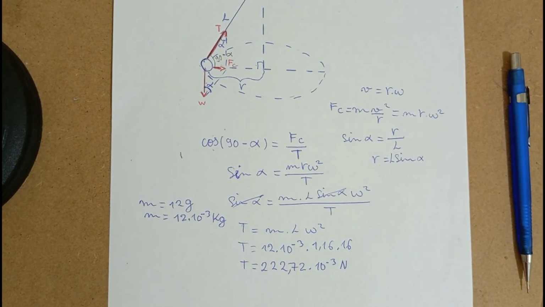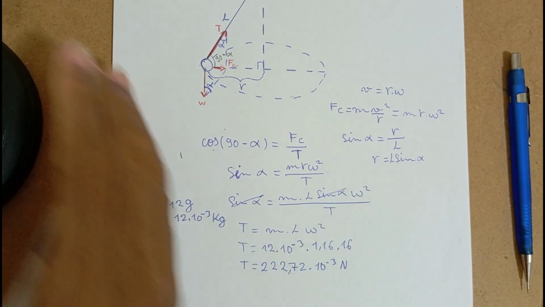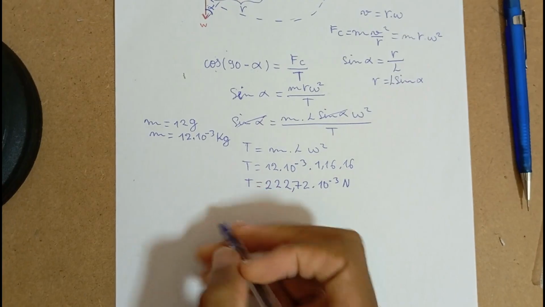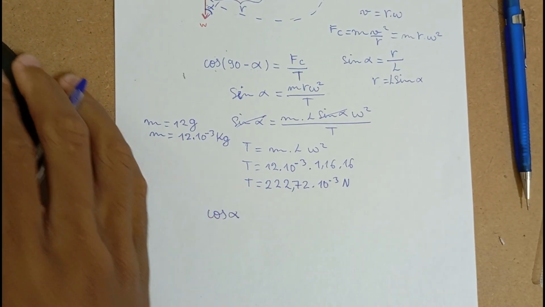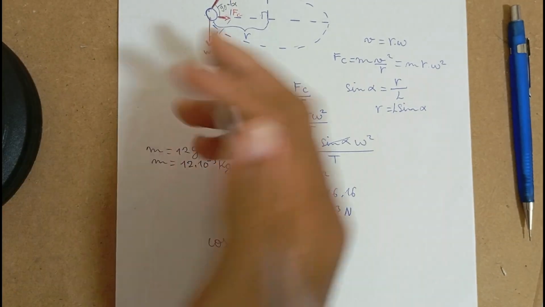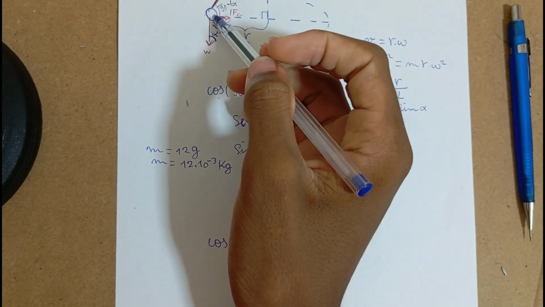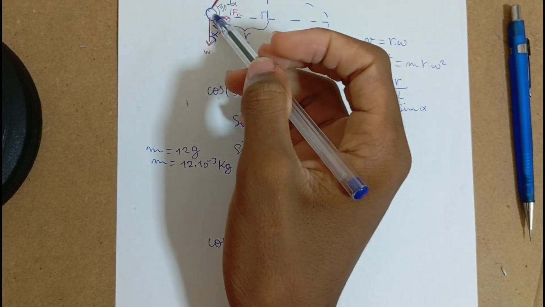What can we use next? I can use the cosine of alpha. If you come here, you have this cosine of alpha. We have a triangle here. Again, you have a triangle.